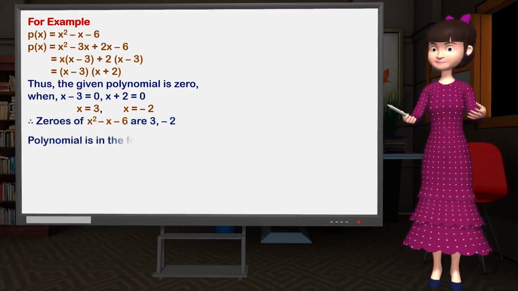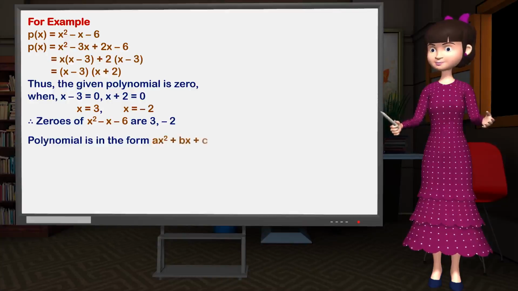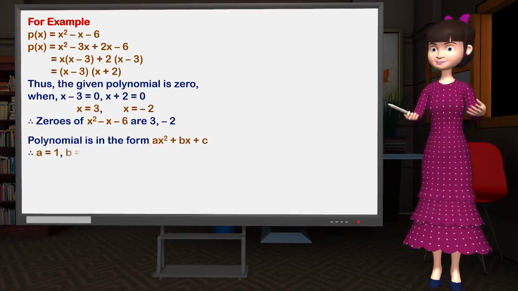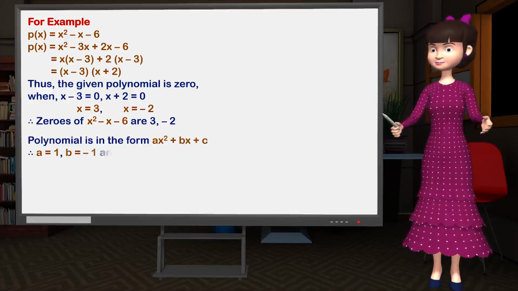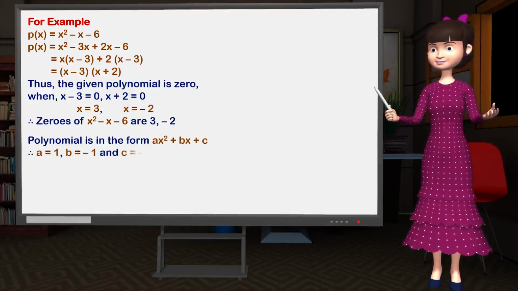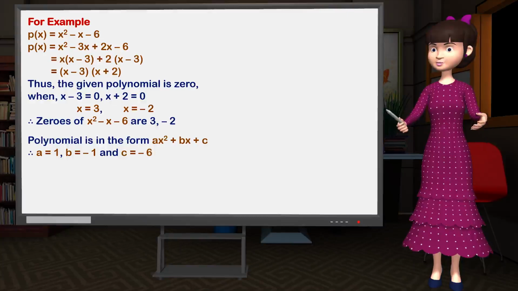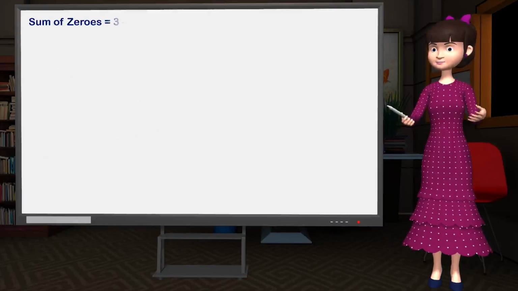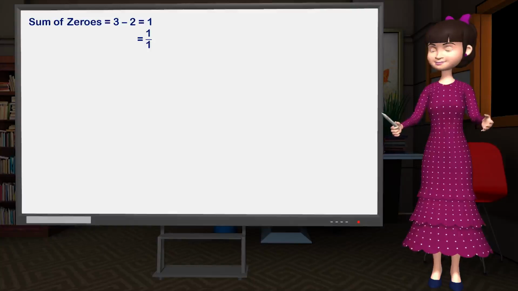Polynomial is in the form of ax square plus bx plus c. Therefore, a is equal to 1, b is equal to minus 1 and c is equal to minus 6. Now, sum of zeros is equal to 3 minus 2, which is 1, which is 1 by 1. 1 by 1 can be written as minus of minus 1 by 1.